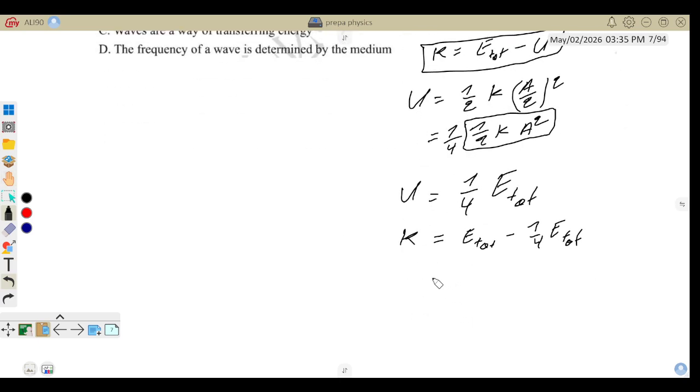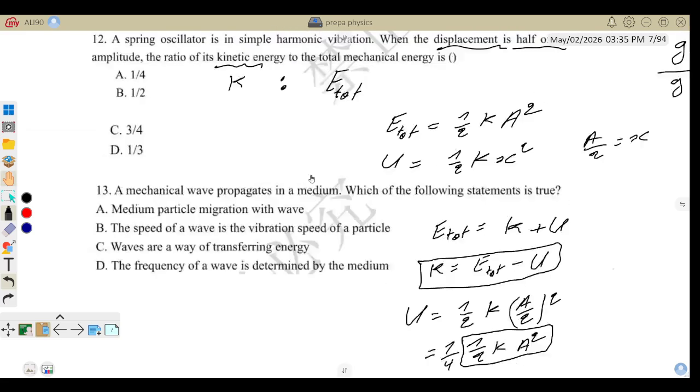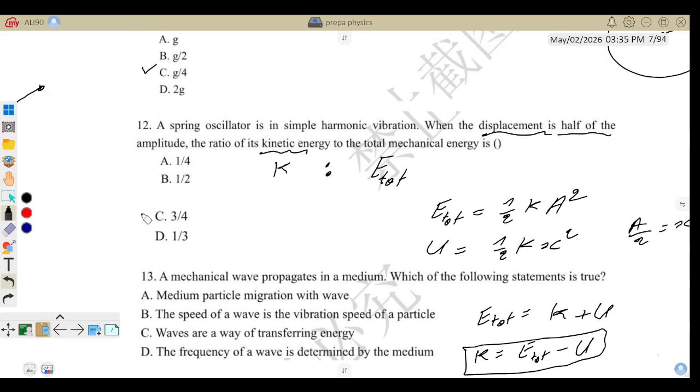Mathematically, that gives 3/4 E total. Now, looking for the ratio, the kinetic energy over the total mechanical energy will be 3/4. So getting back to the choices, we will for sure select C.